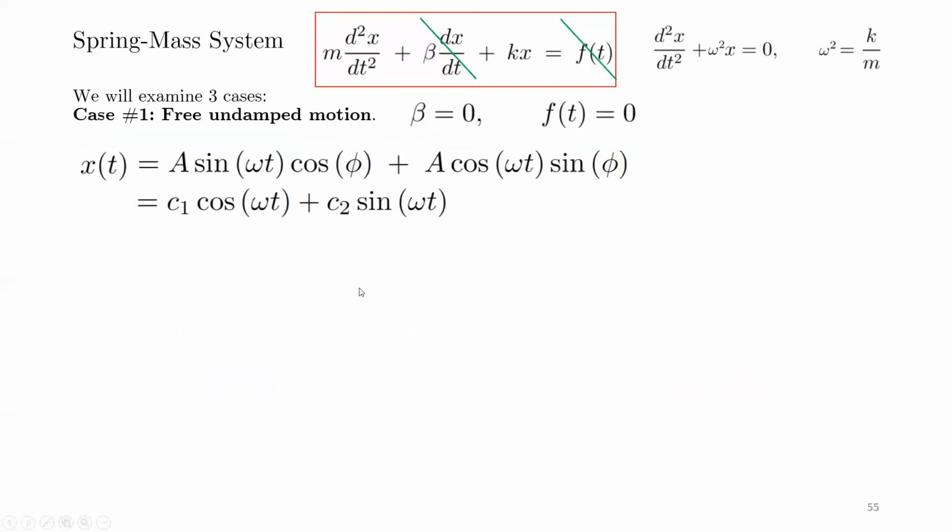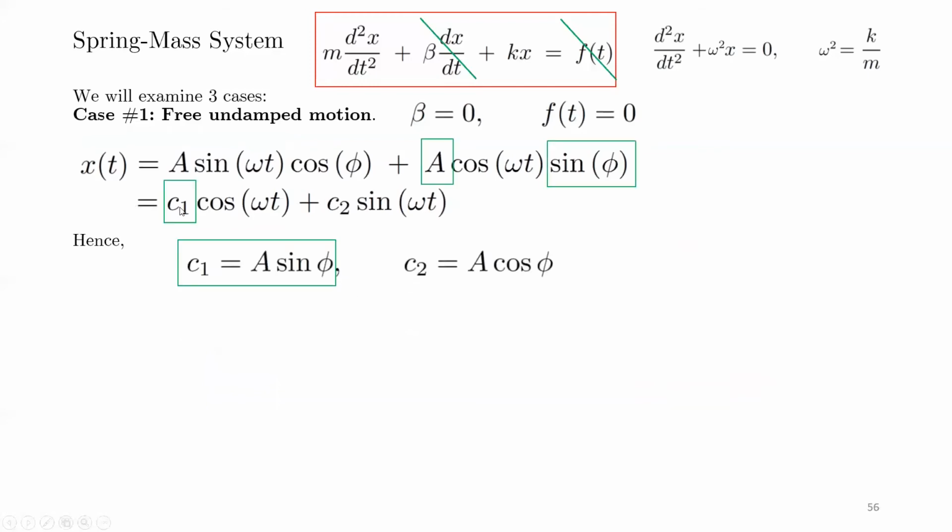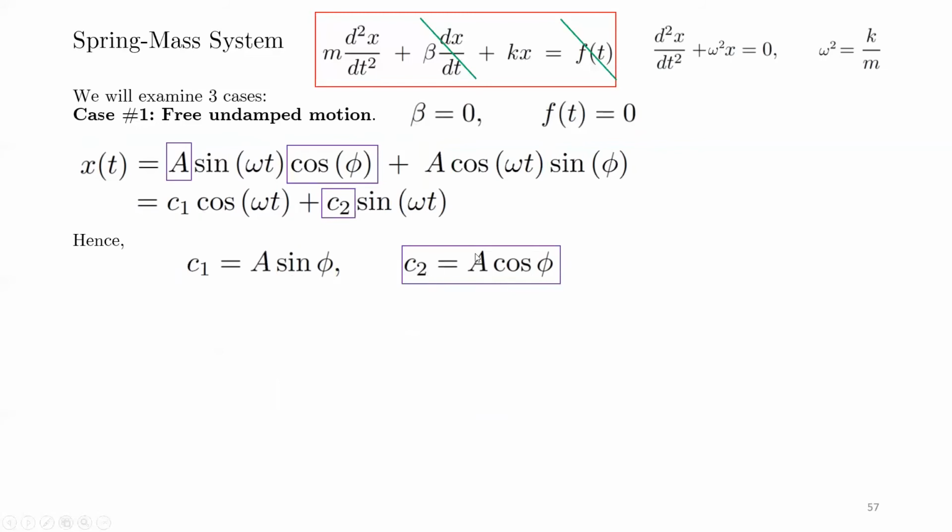So it's not too hard to point out that C1 here is equal to A times sine of phi, and C2 is equal to A times cosine of phi. Okay, so if we define C1 to be the amplitude of the motion times the sine of the phase angle, and C2 to be the amplitude of the motion times the cosine of the phase angle, then these two representations of the solutions are equivalent.